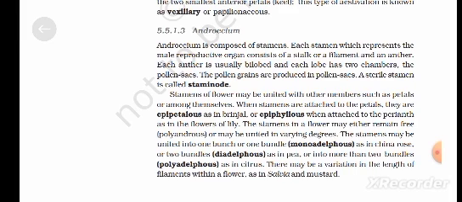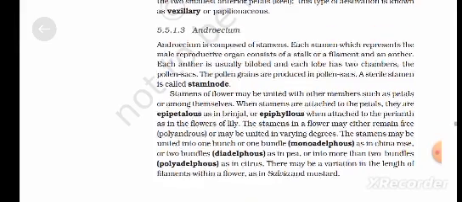The stamens in a flower may either remain free, polyandrous, or may be united in varying degrees. The stamens may be united into one bunch or bundle, monoadelphous, as in China rose, or two bundles, diadelphous, as in pea, or into more than two bundles, polyadelphous, as in citrus. There may be a variation in the length of filaments within a flower, as in salvia and mustard.